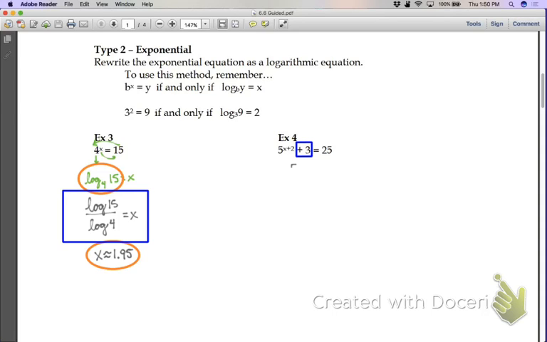So in doing that, I'm going to have 5 to the x plus 2 power equal to 22. Then from there, I do log base 5 of 22. Okay, 22 comes over, x plus 2 goes to the other side.